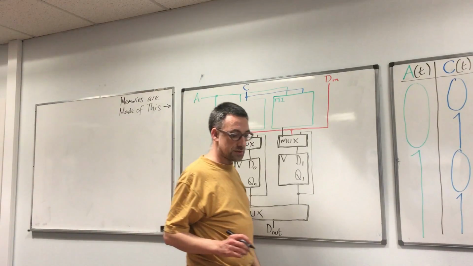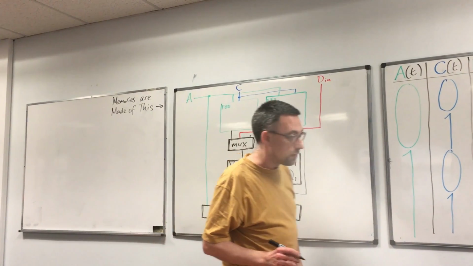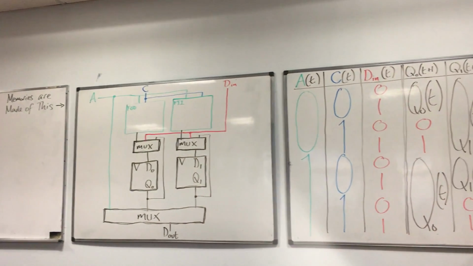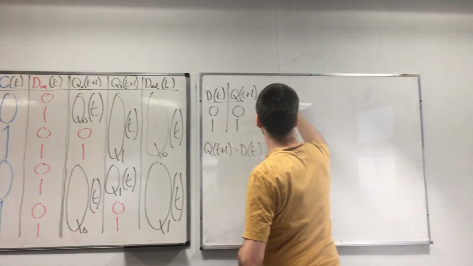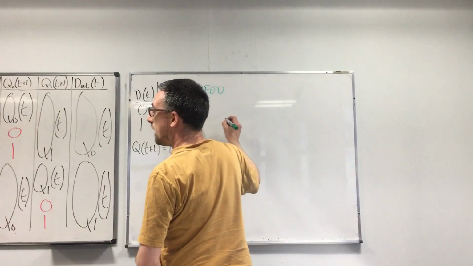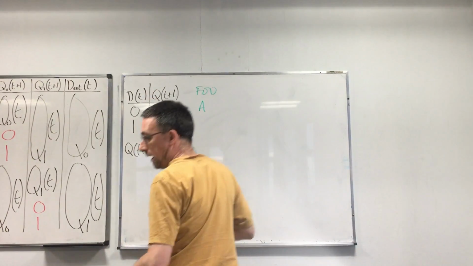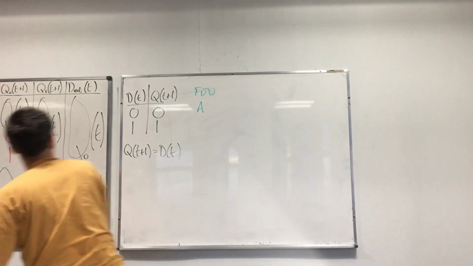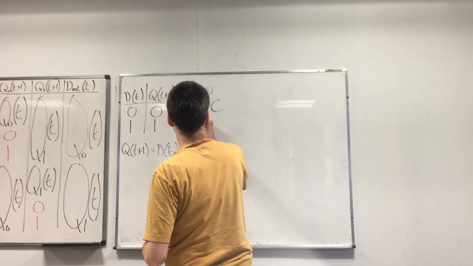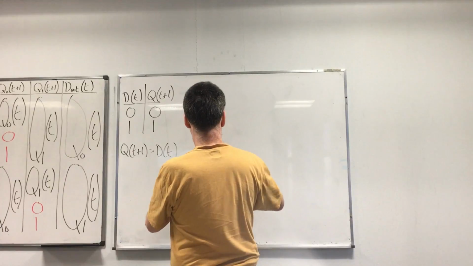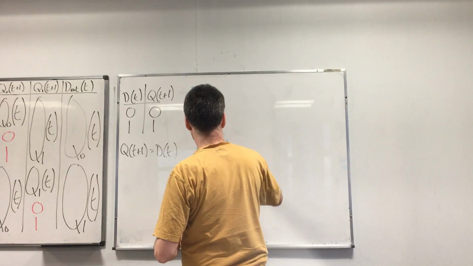So now let's figure out the truth table for foo. This is foo. Inputs A and C, and we have 0 or 1, 0, 1, 0, 1.